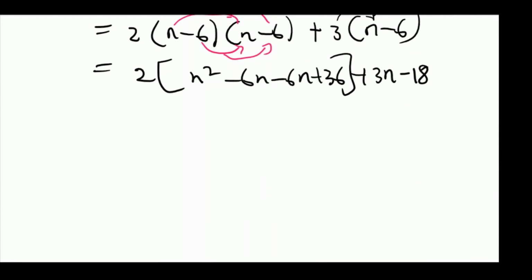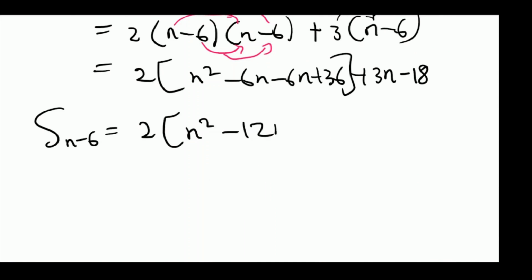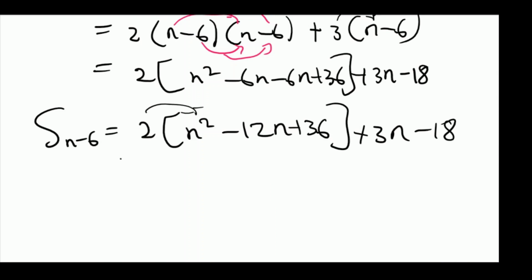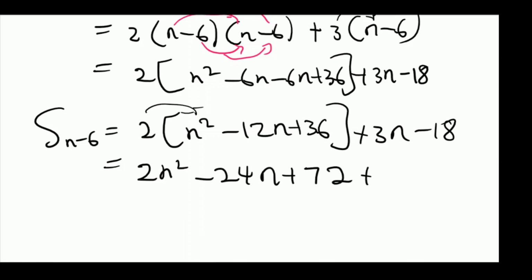So the sum of n minus 6 is equal to 2 into n squared minus 12n plus 36 plus 3n minus 18. When I multiply the 2 inside, we're going to get 2n squared minus 24n plus 72 plus 3n minus 18.